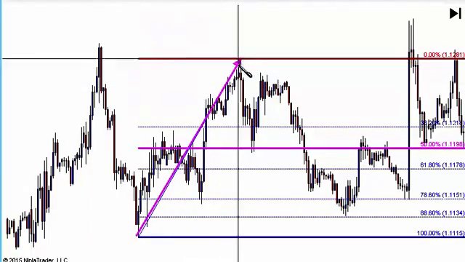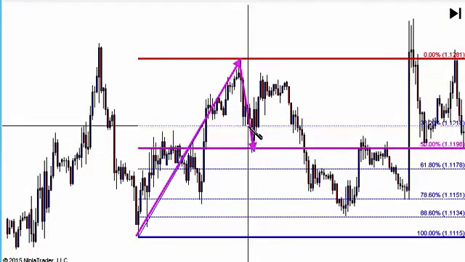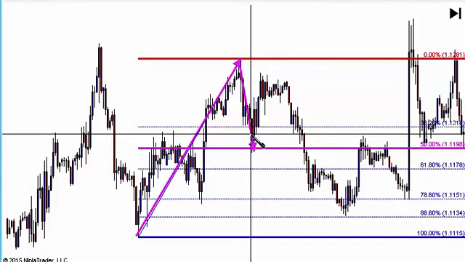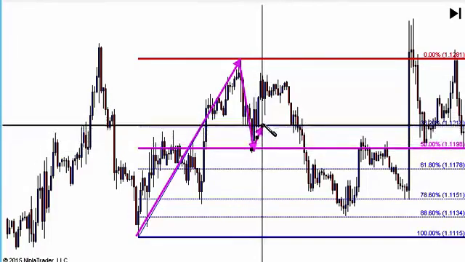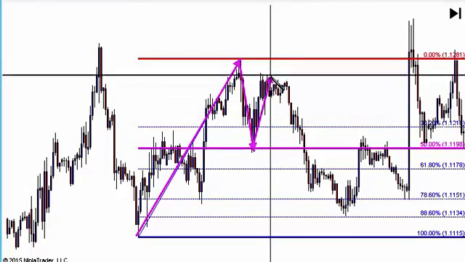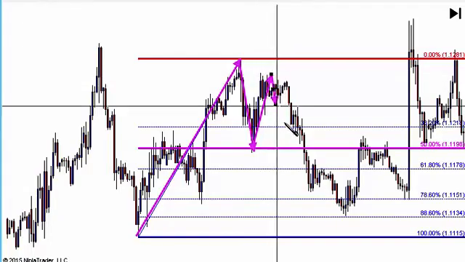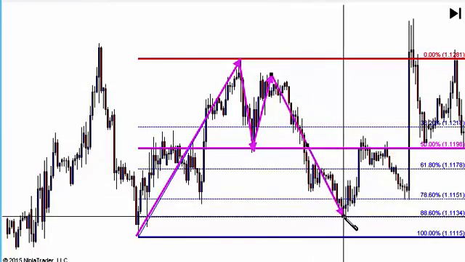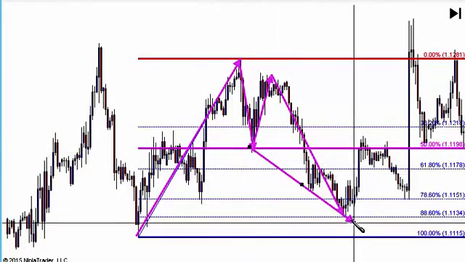On the first retracement down, it went 38 to 50%. This is what is required for the bat pattern. We could see on the way back up, the market put in between a 38 and 88% retracement, and then we had its final wave to the downside. This right here is the basic structure for a bat pattern.